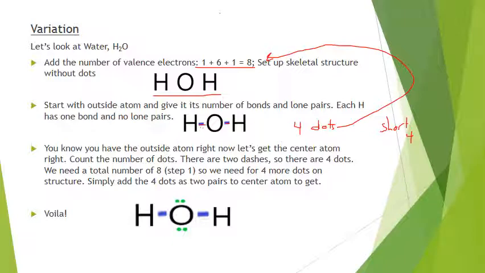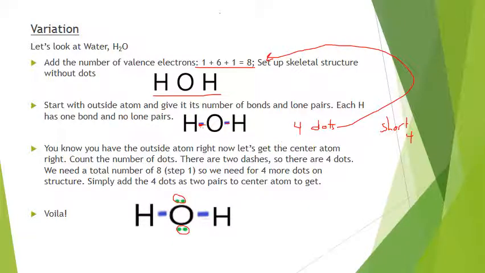So if you're short after you fix the outer atom, you give it its number of bonds and lone pairs, count the number of dots, and if they're short, you put the extra ones in the middle, and you put them as pairs. So you put 2 pair.